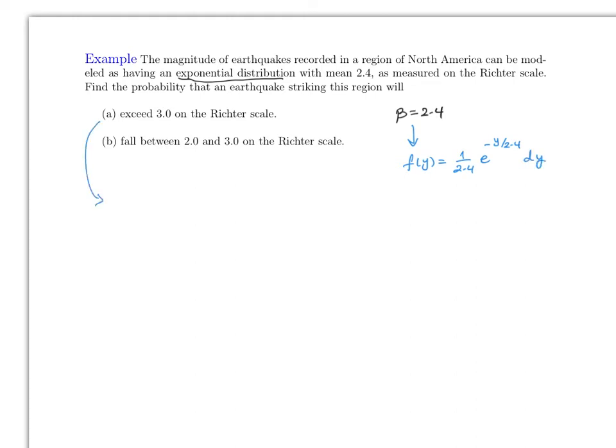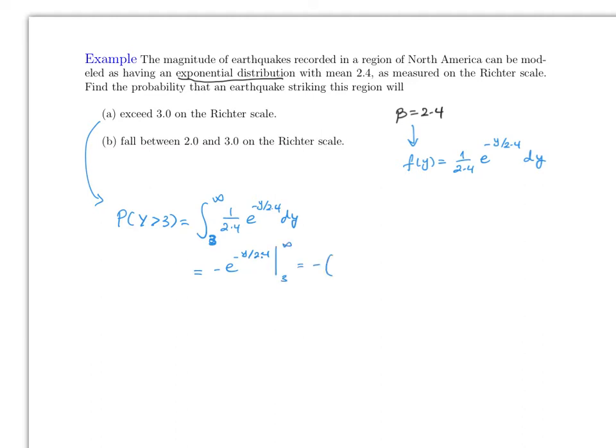So for part A, the question is asking what's the probability that y is greater than 3. So this is the integral from 3 to infinity of 1 over 2.4 e to the minus y over 2.4 dy. Now the integral of this is going to be minus e to the minus y over 2.4 from 3 to infinity.